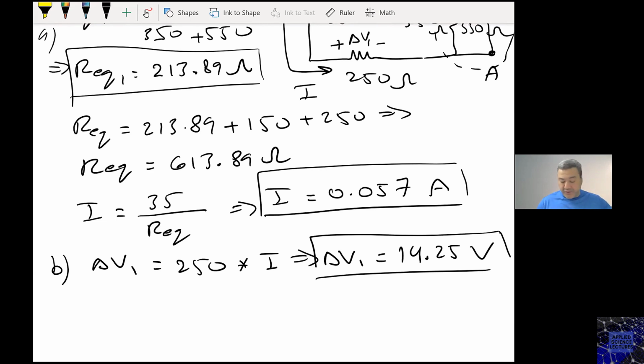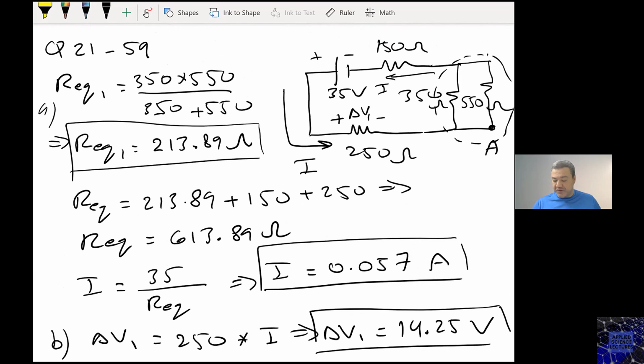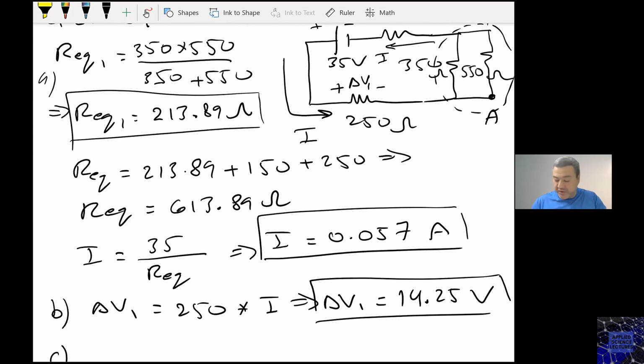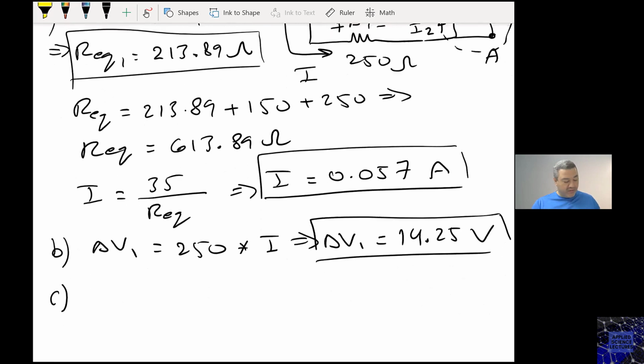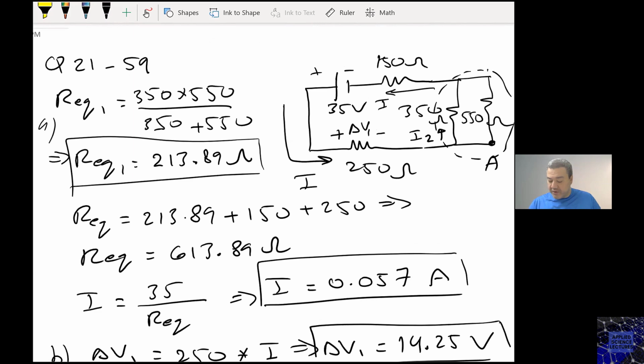C, the current through the 350 ohms. This resistor, I'm calling this current I2. I need first to find the delta V across, so let me call this one delta V2. Notice the plus and minus I put. This delta V2 is across the 350 and 550 because they are in parallel.